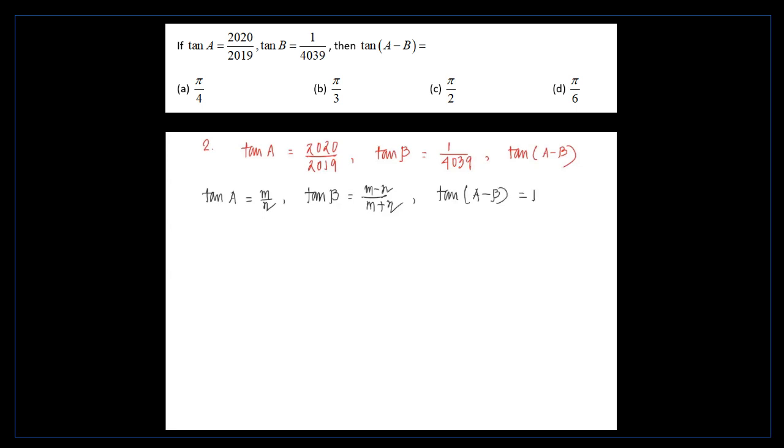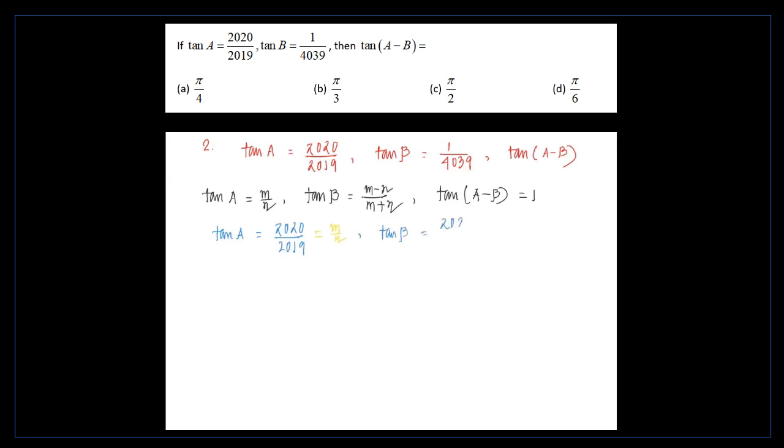Here we can understand from the given expression that tan A equals 2020 by 2090. If you think of these as m by n form, m is 2020, n is 2090, and we have tan B, which is m minus n by m plus n.